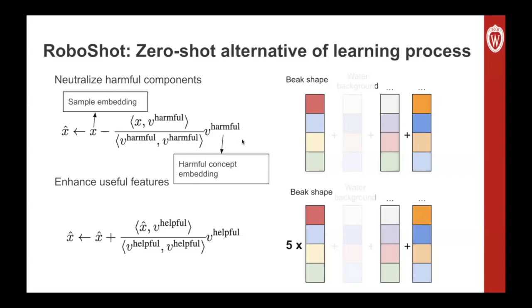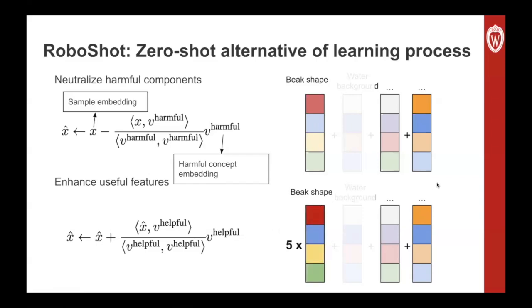In the previous slides, other than asking for the spurious feature, we also asked ChatGPT for the actual useful feature. And the way to enhance this feature, other than using subtraction like the previous step, is we just do an addition.